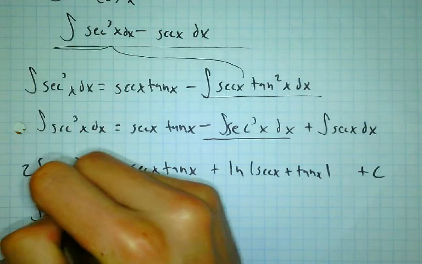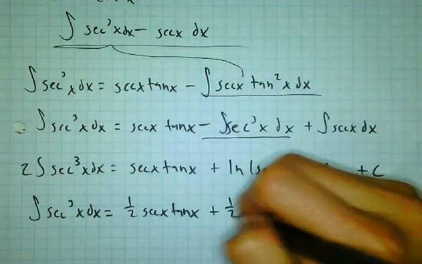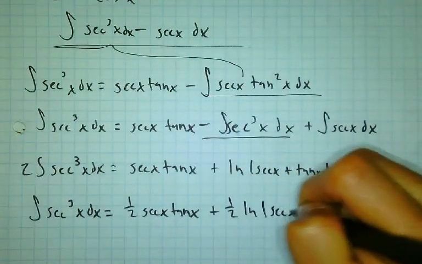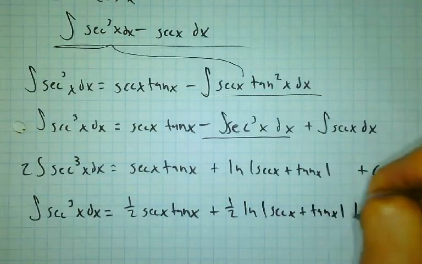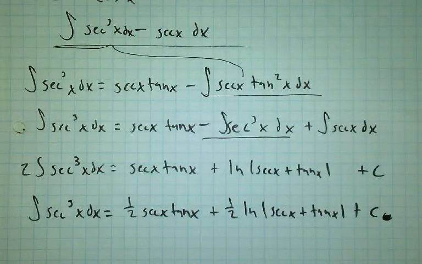One half secant x tangent x plus 1/2 ln of secant x plus tangent x plus c. There has to be a better way of doing this. I don't know. I mean, we got it, right? Does it make sense? I feel like there has to be an easier way of doing this.